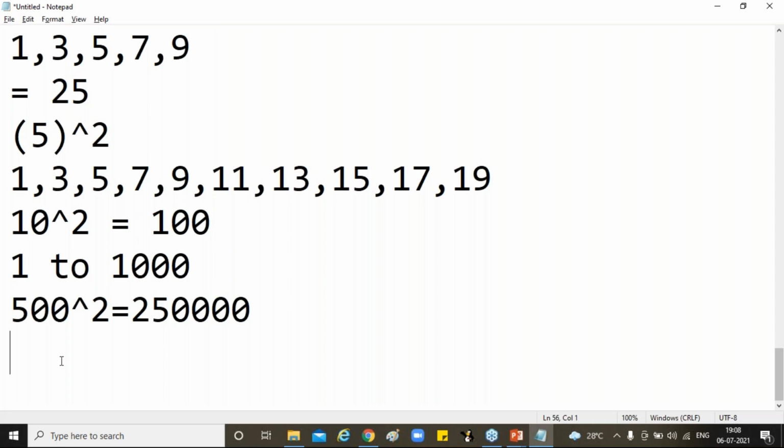So the sum of these odd numbers is the number of odd numbers whole square.